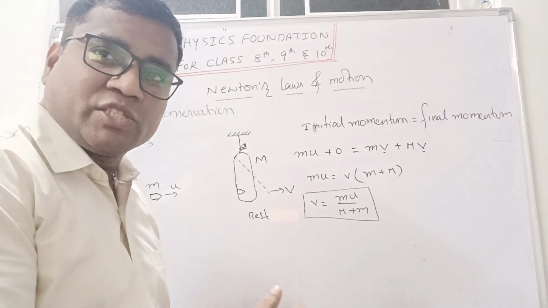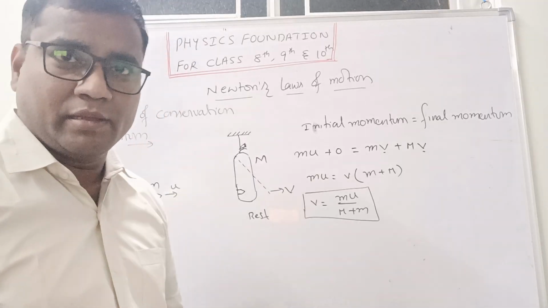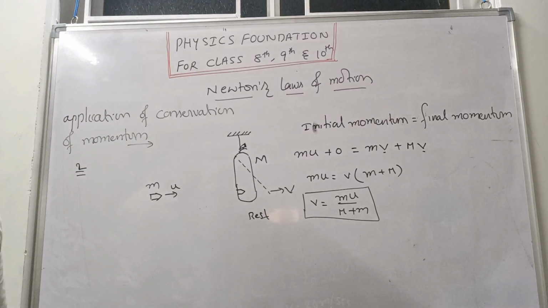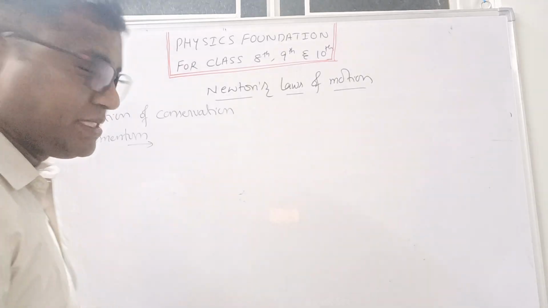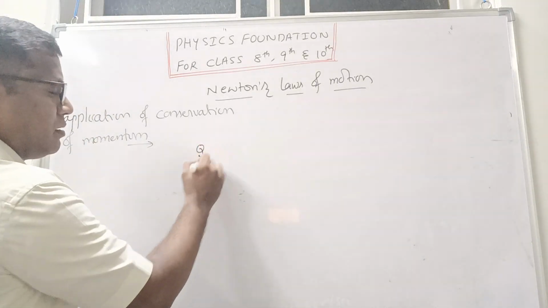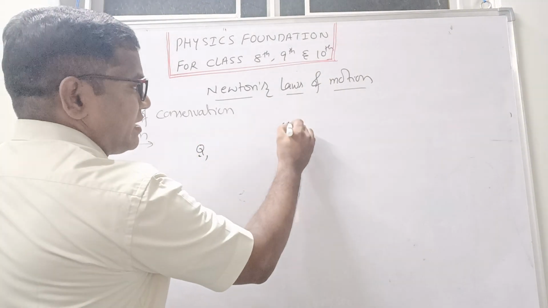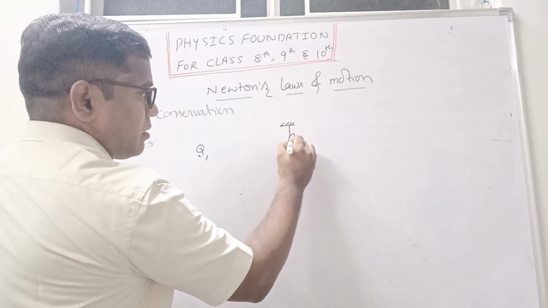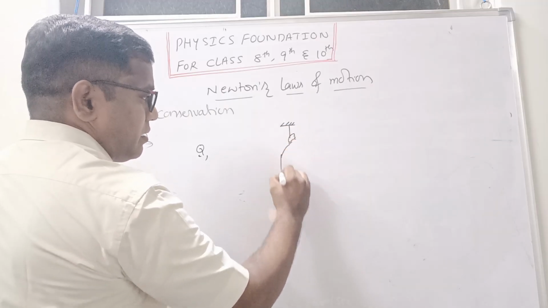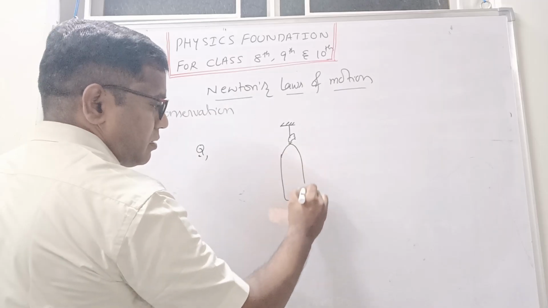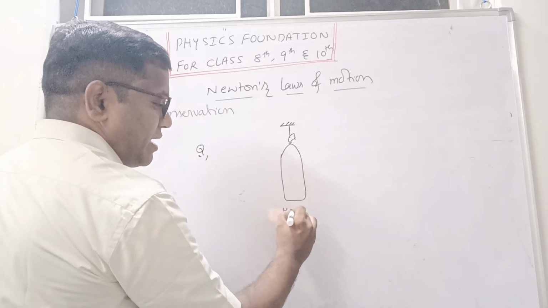So based on this, we will try to do one numerical. Now see, the question will be like this. Here a sandbag is there, of mass, for example, 100 kg.